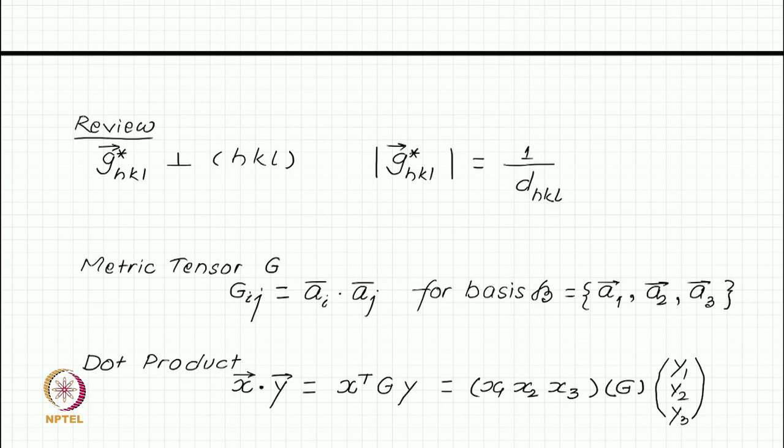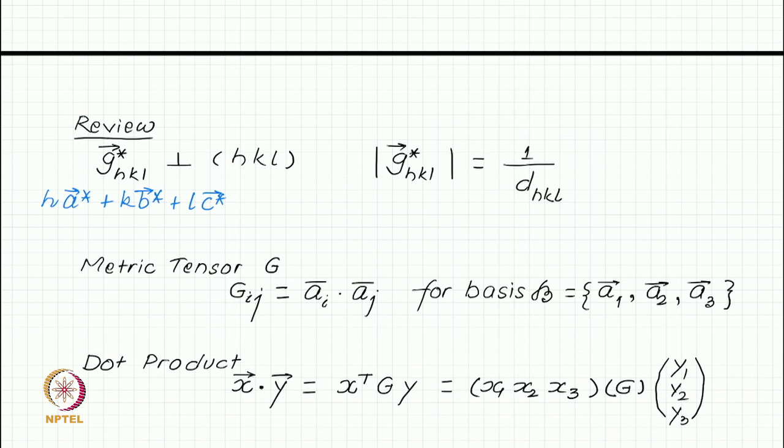This is a short form for a vector which should be written fully as H a star plus K b star plus L c star. That is what is meant by a reciprocal lattice vector G star HKL.